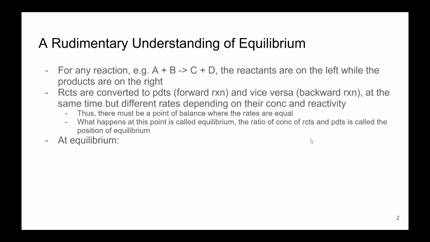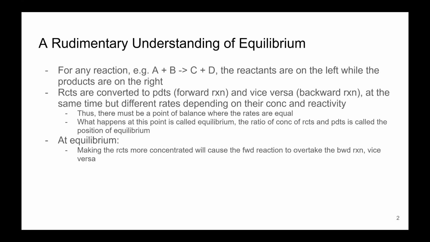So at equilibrium, making the reactants more concentrated will cause the forward reaction to overtake the backward reaction, because the rate of the forward and backward reactions depends on the concentrations of the reactants and products. So by changing the concentration of either the reactants or the products, the rate of one of the reactions would change.